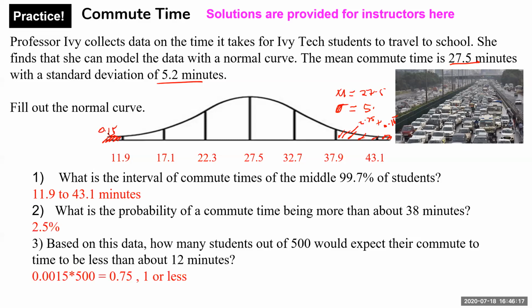So we want the number. So 0.15, we change that to a decimal, we multiply by the 500, and that is what? 0.75. We want the number. How many students? Is that okay? So we multiply out of 500. So we multiply that 0.15% by 500, and we have 0.75. Okay.